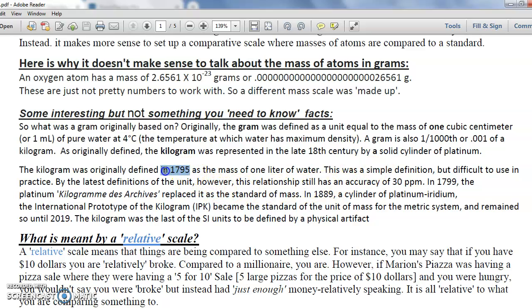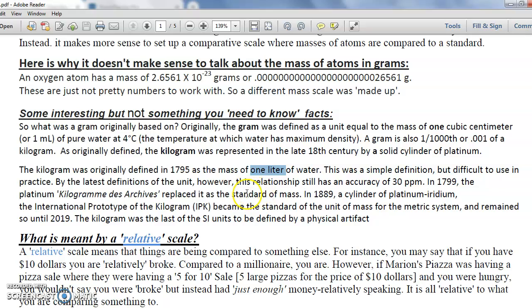But in 1795, the kilogram was defined to be the mass of 1 liter of water. 1,000th of a liter of water is called a milliliter. So a gram, which is 1,000th of a kilogram, is how much mass 1 milliliter of water would have. It would make sense that 1,000 milliliters or a liter would be a kilogram. A kilo is 1,000 grams.